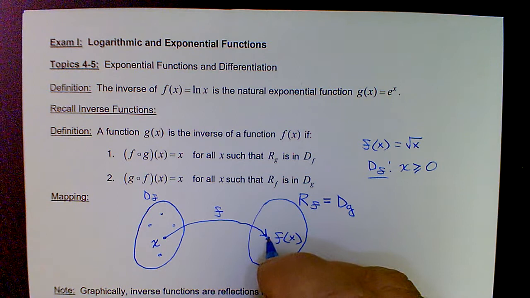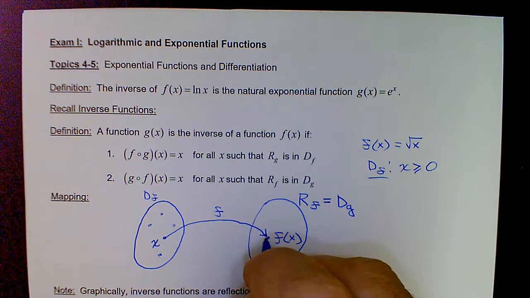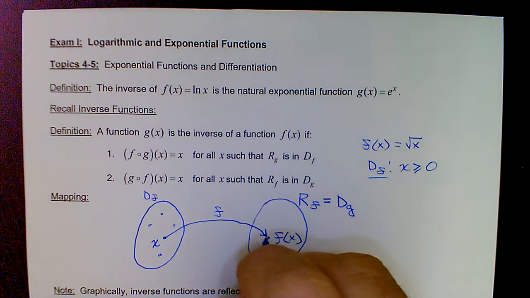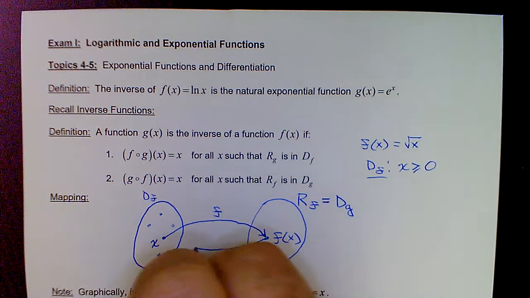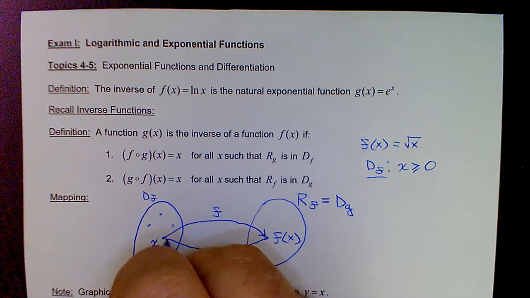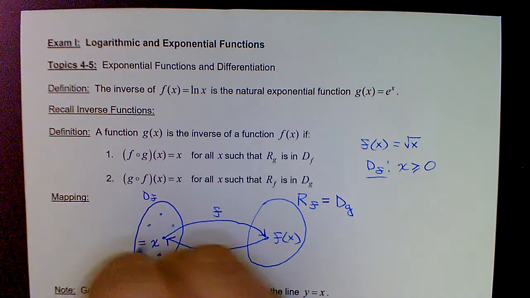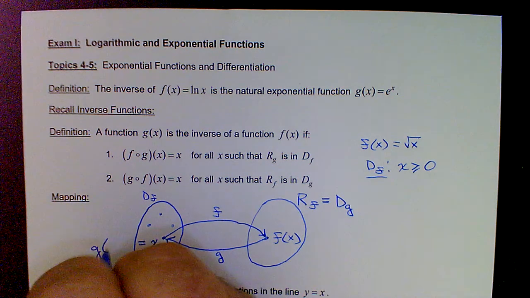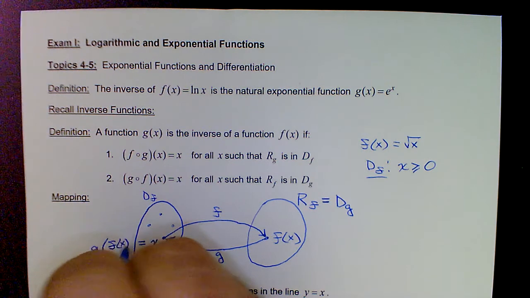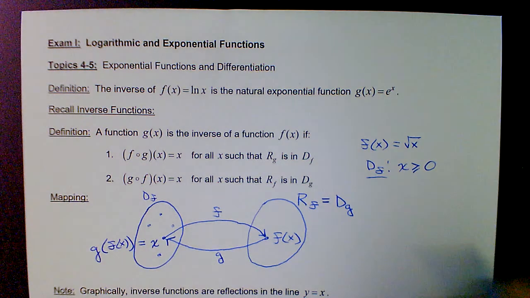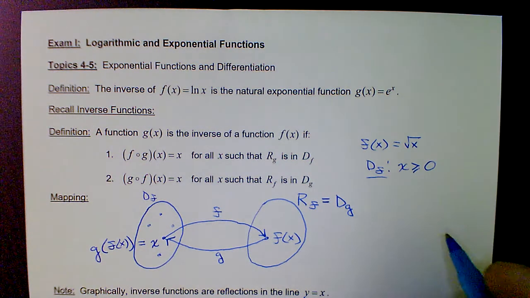So if we take the result f of x, if g is in fact the inverse function, we send f of x through g, and if it's the inverse, it's going to bring us back to x. And that is g of f of x. That is the composition of g with f.